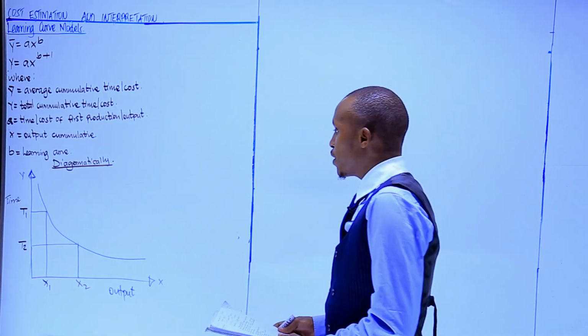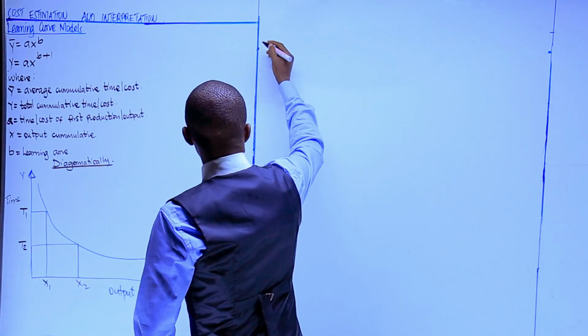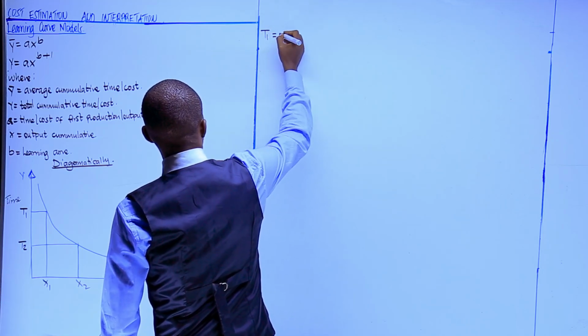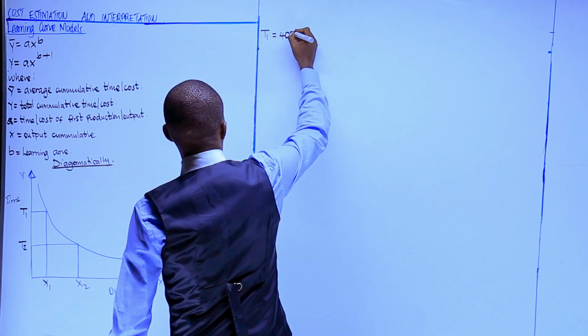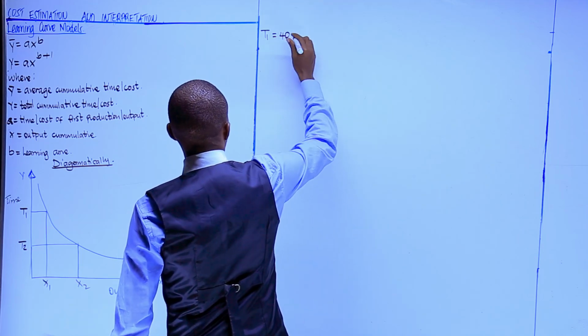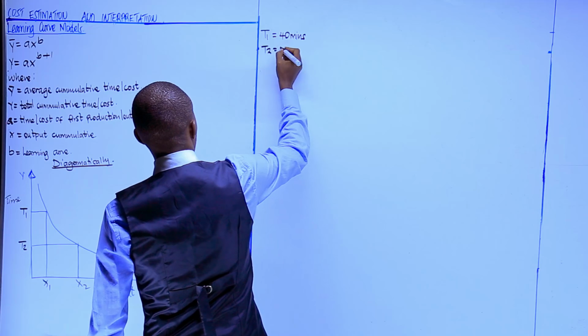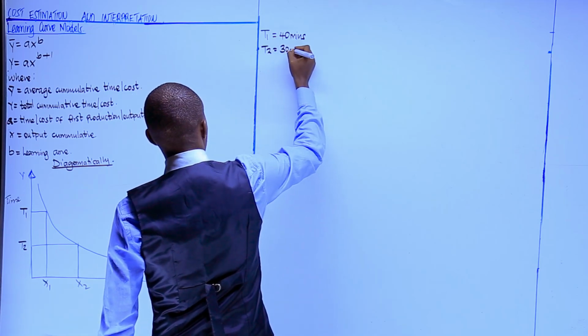So, say T1 is equal to 40 minutes, then T2 is 30 minutes.